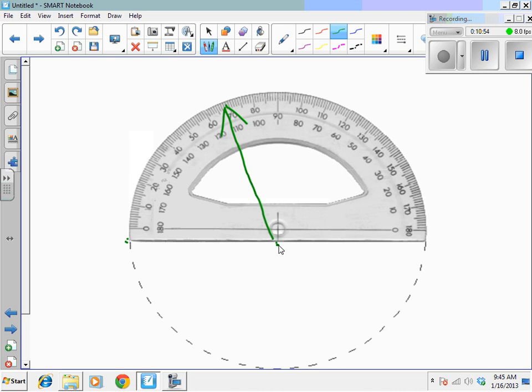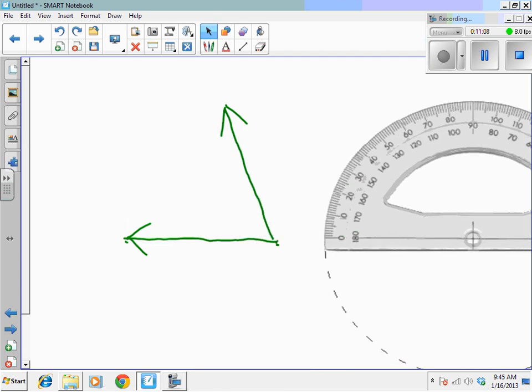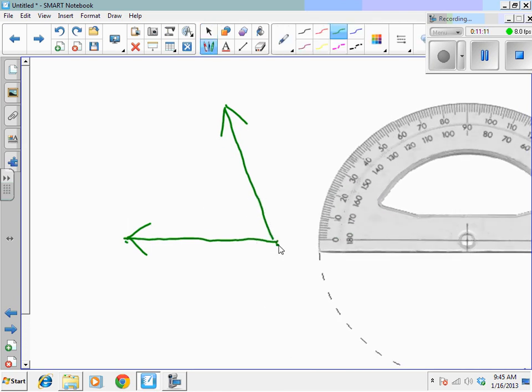Okay. Now John's going to draw the bottom ray. Put your marker down and get that protractor out of the way, John. Move it out of the axis. Now, go ahead and label your points. That's not labeling the points, you just labeled the arrow.